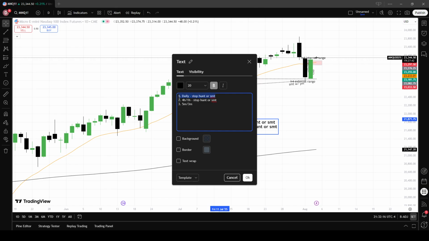The daily is more for the bias, right? And then this is for the stop hunt with the SMT. It's stop hunt or fair value gap, and it must have an SMT, okay? And then this is just the entry. I use a CISD. All right.